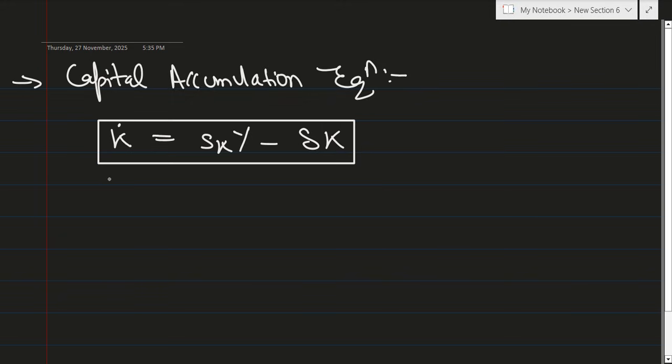Also, we have the total labor force in the economy as L, and it is bifurcated into the labor force engaged in research, L_A, and the labor force engaged in output production, L_Y.